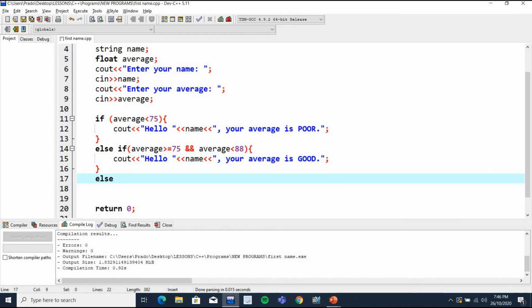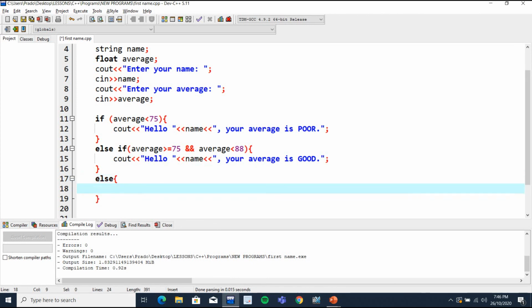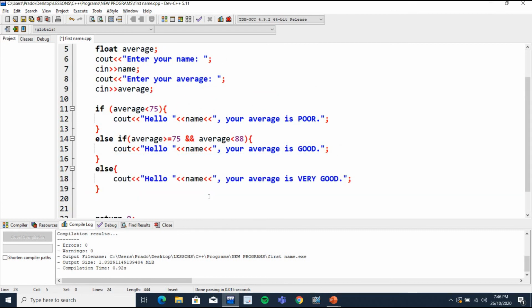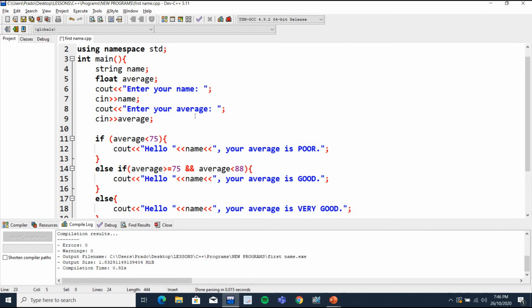So, hindi na natin siya lalagyan ng parentheses kasi hindi na kailangan. Yun yung pinaka-default. Else, cout. Paste po natin yung kanina. And then, palitan lang natin itong dulo ng very good. Ayan. So, and then, wag natin kakalimutan si return 0. So, ito na po yung pinaka-code ng ating program.